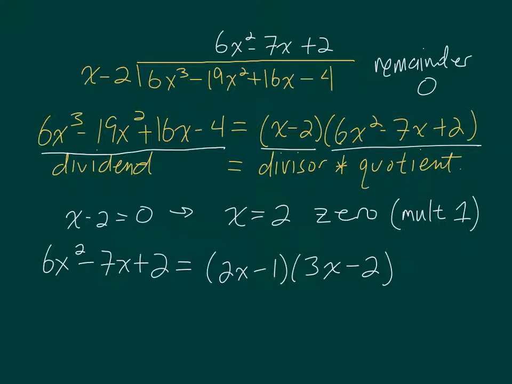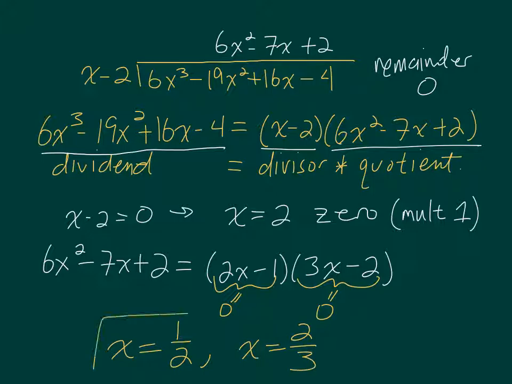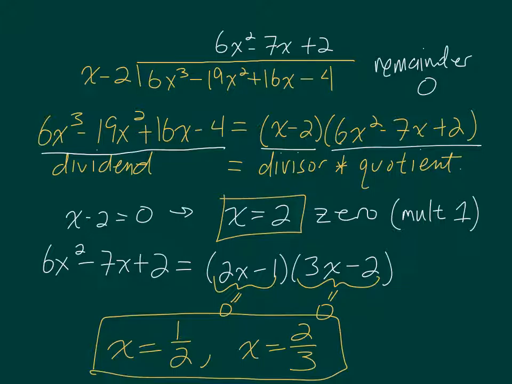And when we set each of these factors equal to 0 and solve for x, we get that x equals 1/2 and x equals 2/3. So these are zeros, and here is another zero. All of them have multiplicity 1. Let's take a look at the graph of this on the next slide.